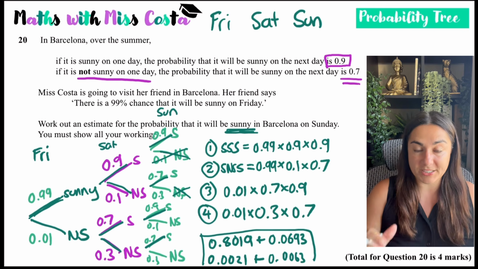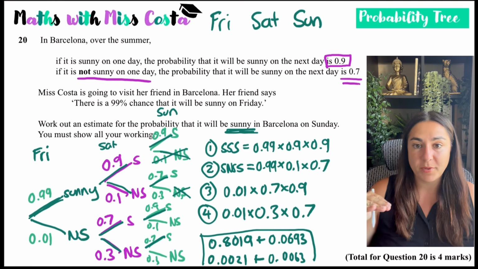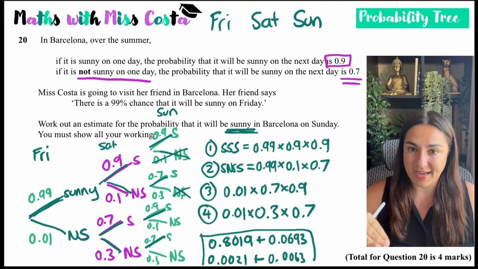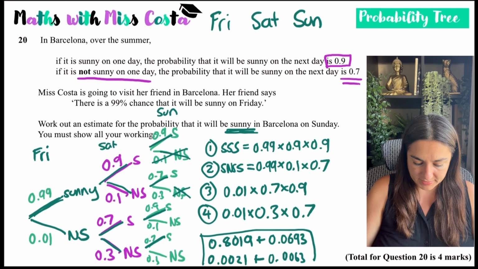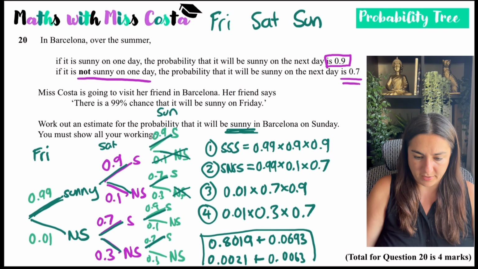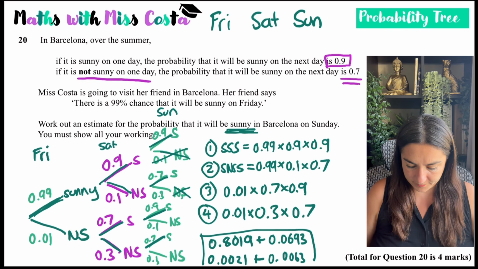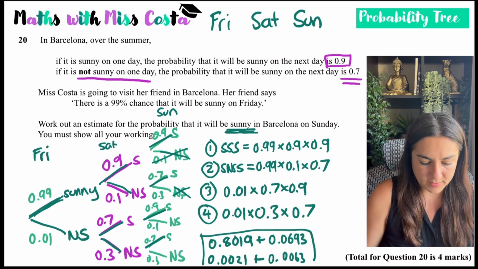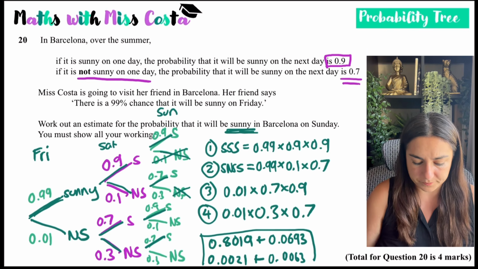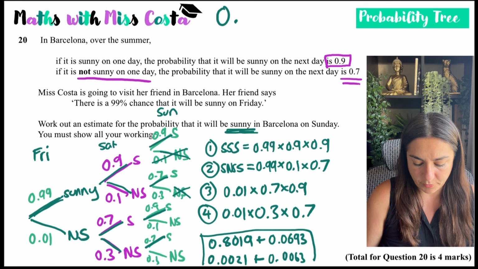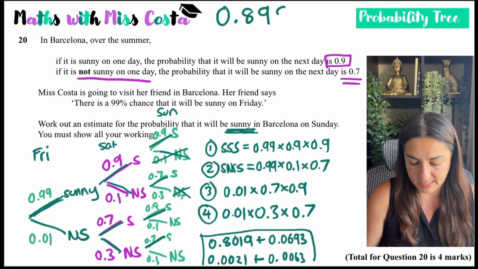So when we've got a probability tree, we multiply along the branches and then we add the final probabilities together. So we add this plus 0.021 plus 0.0693 plus 0.8019, which gives you a final answer of 0.8985.